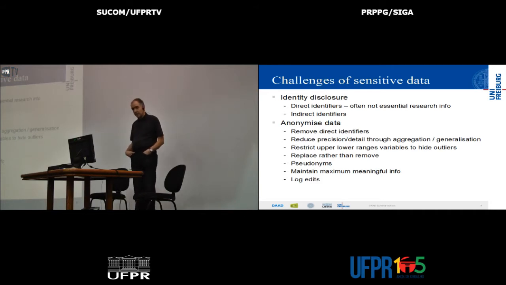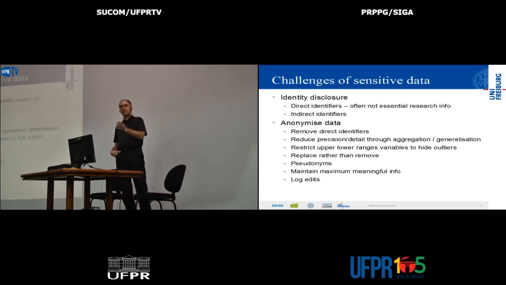Now let's anonymize data. That's the thing to do. Make it anonymous. Remove direct identifiers. Removing everything is a solution, but then you have no data. So what can we remove to keep the data valuable, but to blur or remove the traces to the individual?